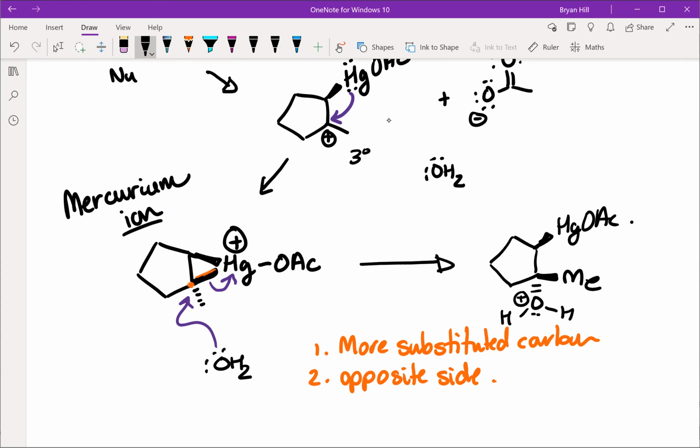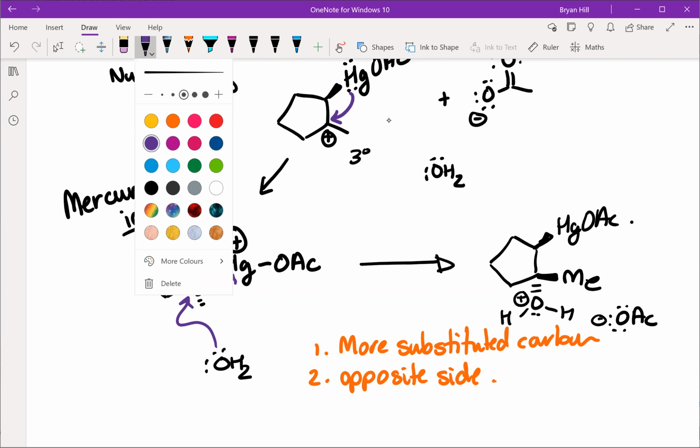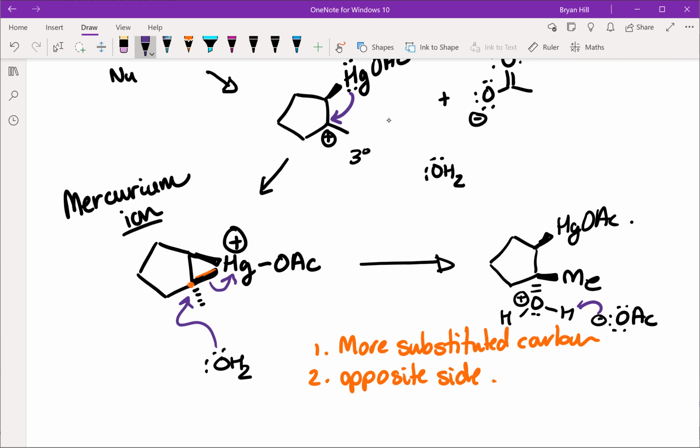So we still have to deprotonate that last little proton here. And to do that, let's use our OAc. It's a pretty weak base. So let's deprotonate that. You could use water as well.